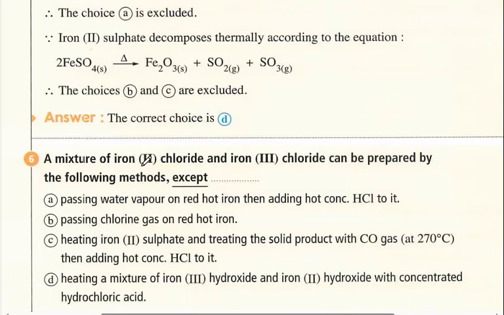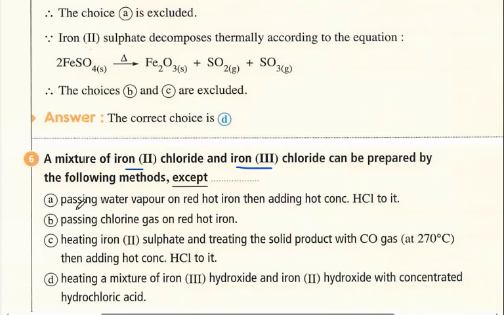A mixture of iron 2 chloride and iron 3 chloride can be prepared by the following methods, except. Iron 2 and iron 3 as a mixture is prepared from magnetic iron oxide. Magnetic iron oxide is first prepared by passing water vapor on red hot iron, then adding hot HCl.